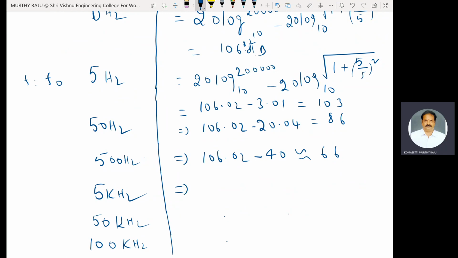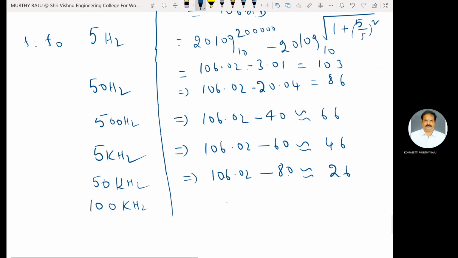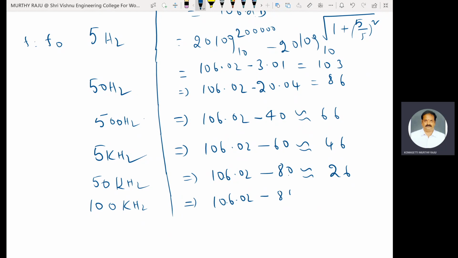At 5 kilohertz, 106.02 minus 60 is equal to 46 approximately. At 50 kilohertz, 106.02 minus 80 is approximately equal to 26. At 100 kilohertz operating frequency, 106.02 minus 86.02 is approximately equal to 20.